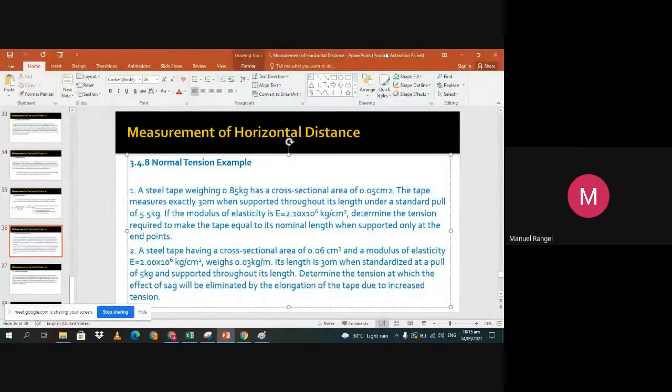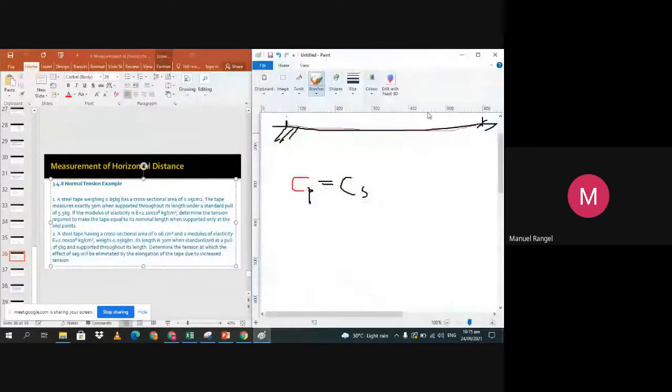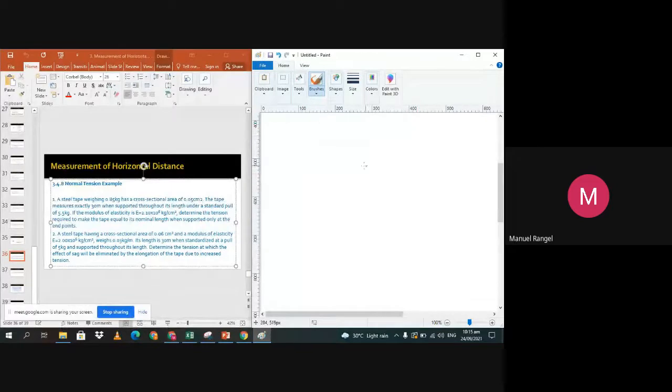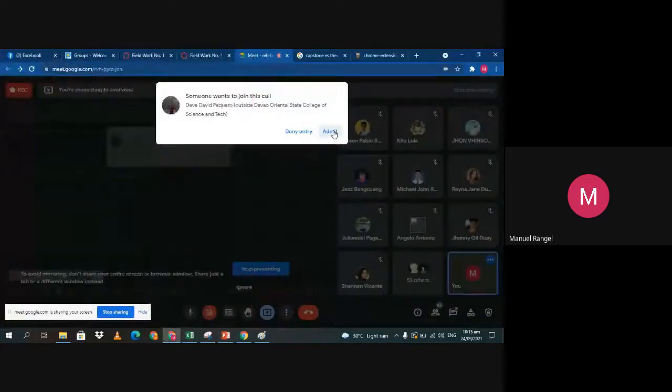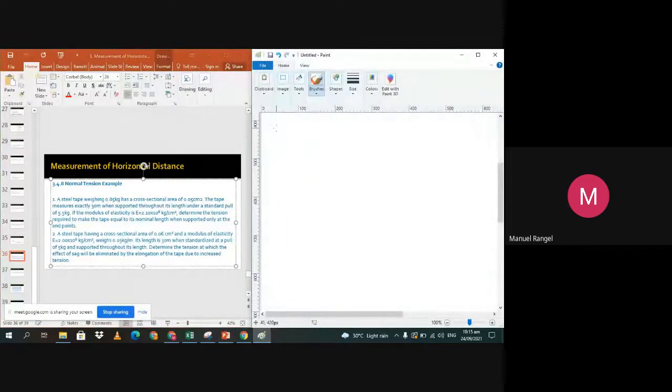Okay, so let's solve problem number 1. Okay, so let's list down all the given. Kasi yung mga given, steel tape weighing 0.85 kilograms.